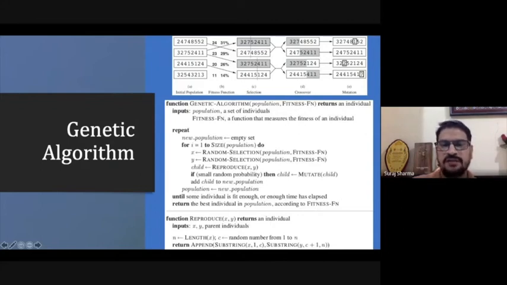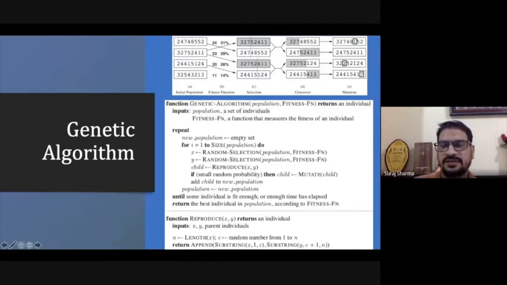Now we have the empty set, that is, your new population is taken as a set, which is an empty set. Now we start our loop from 0 to the size of the population. So it will go to 1.25, 100 crores. There is a random selection we'll do of the population based on the fitness value, X. Another random selection we'll do based on the fitness function, Y. After that we'll take X and Y and we'll do reproduction to get the children.